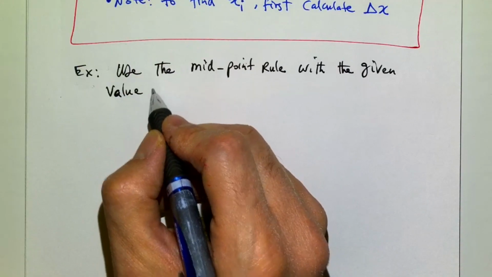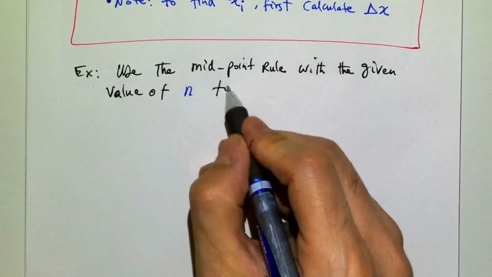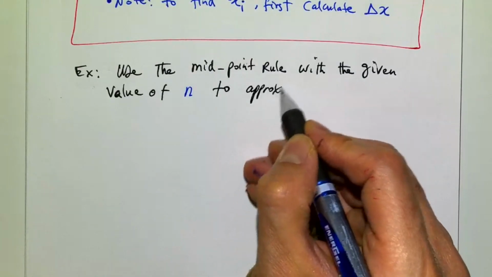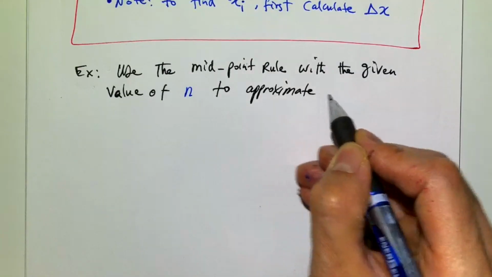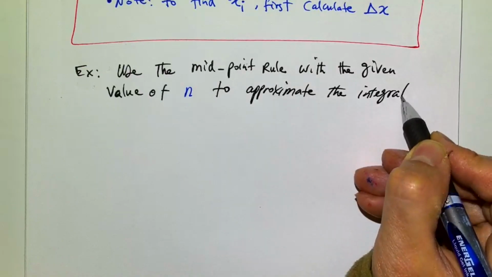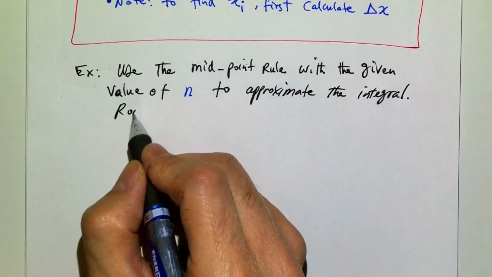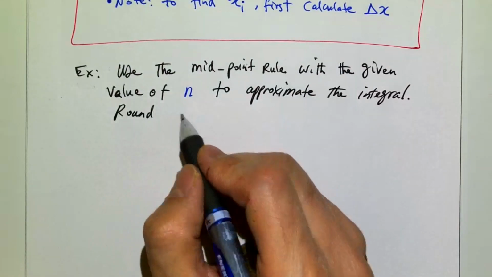So with the given value of n, to approximate the integral, and it says round your final answer to 4 decimal places.